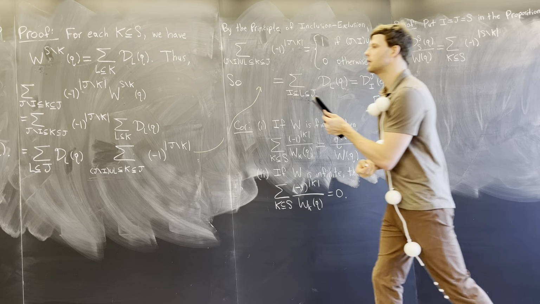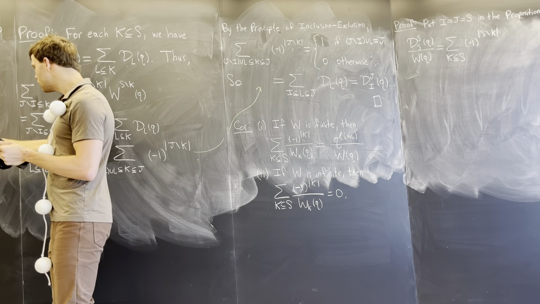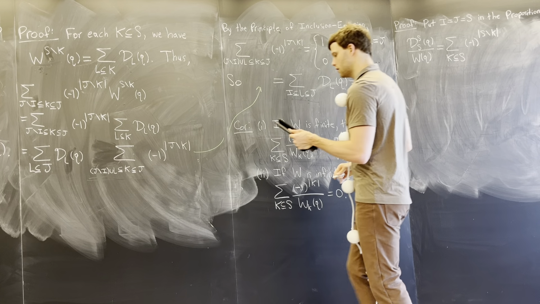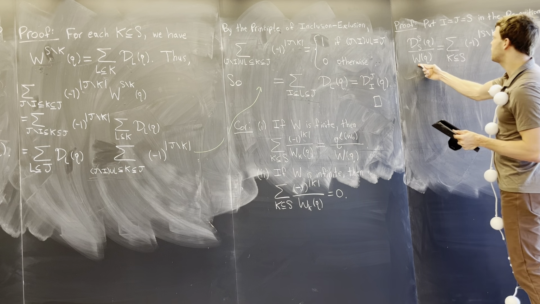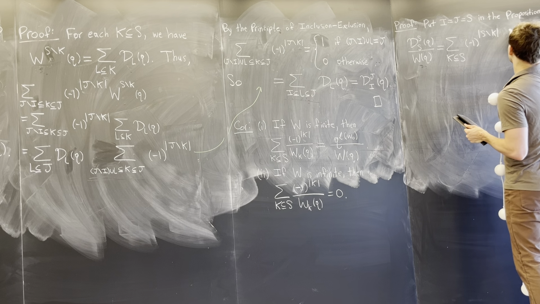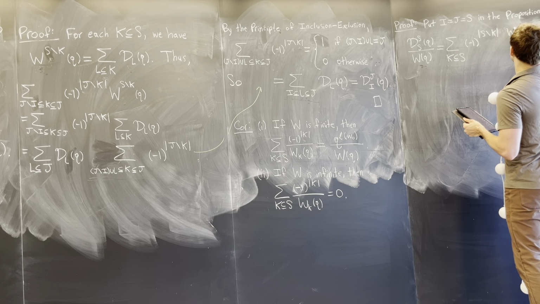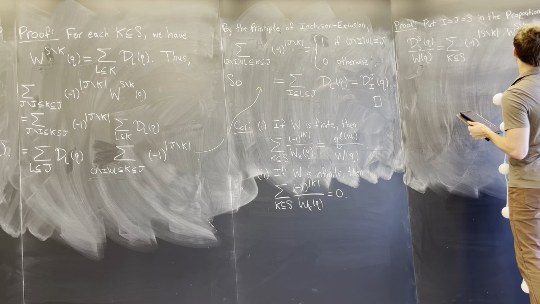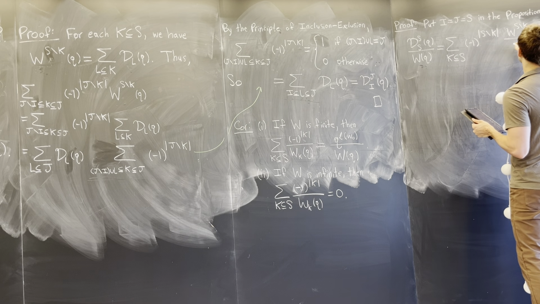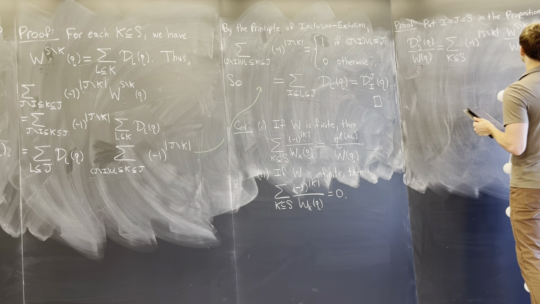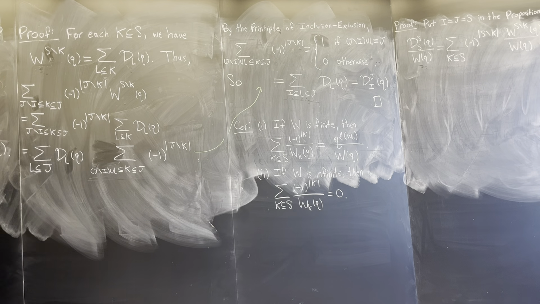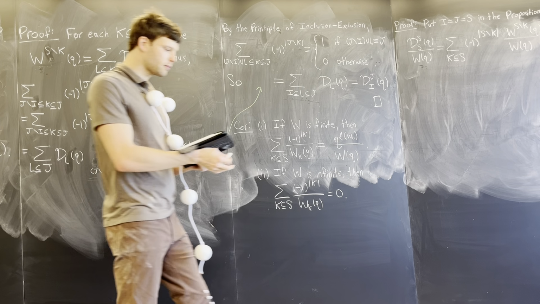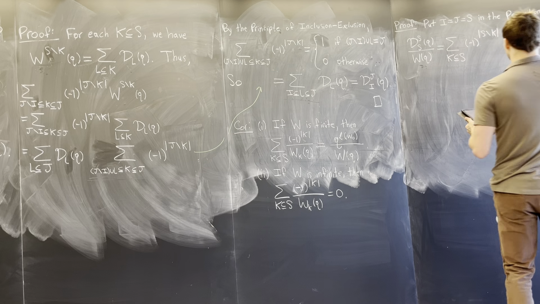And then I also want this thing, W_{S minus k} of q, but then I'm going to divide by W of q. So it's just this thing, but with I equals J equals S, and then I divided each side by W of q.